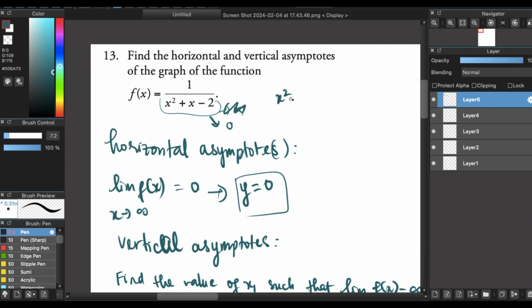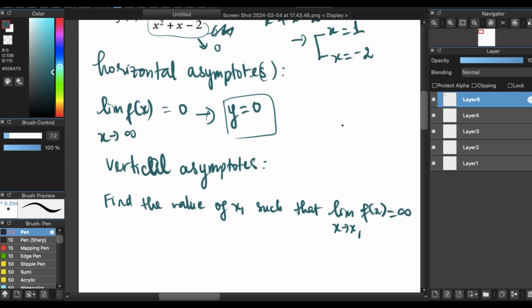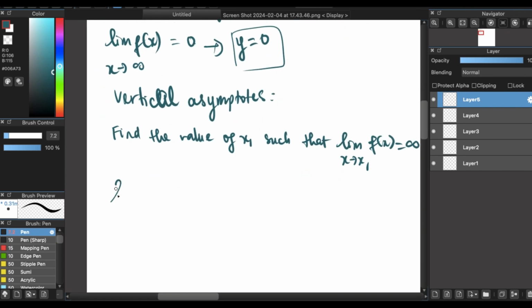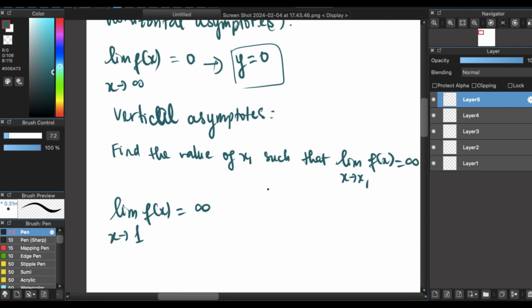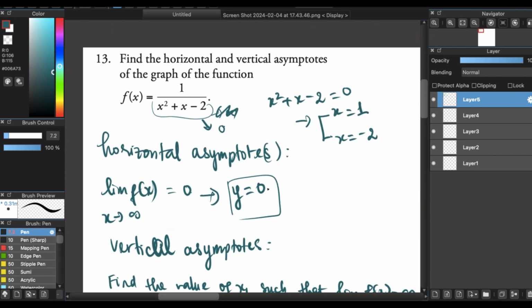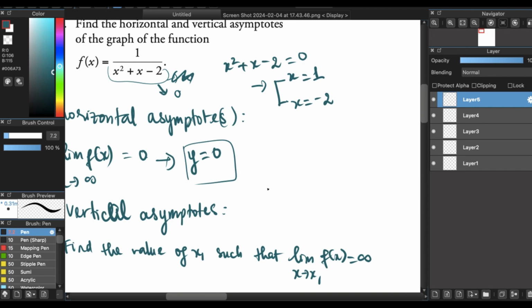So we're going to solve x squared plus x minus 2 equal to 0, and we obtain x equal to 1 and x equal to minus 2. So we get the limit of f(x) equal to infinity, right? Wait, no, it's not that.